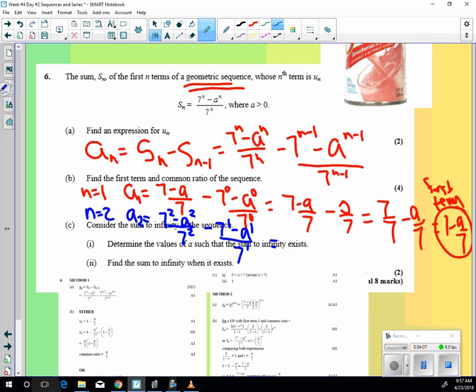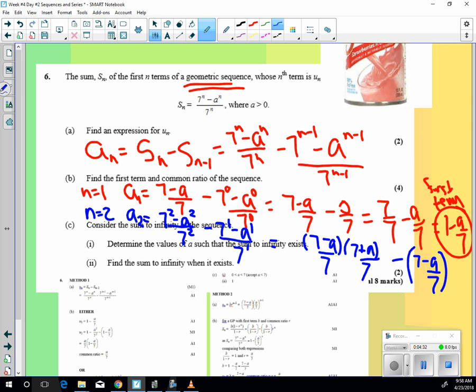So when I simplify that, I'm going to think of this as 7 minus a over 7 times 7 plus a over 7, minus 7 minus a over 7.